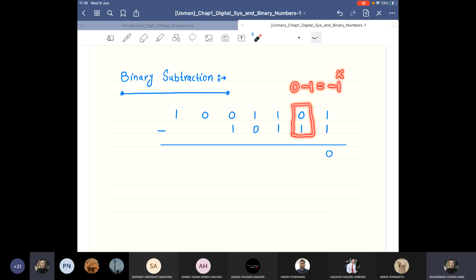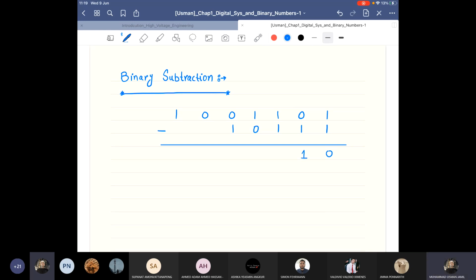Then what we have to do is borrow this number 1. When we borrow, we know that 1 0 is equal to 2 in binary numbers. So now this number is 2, and 2 minus 1 is 1. So we have a 1 here.